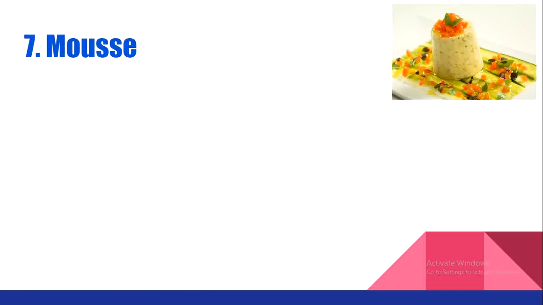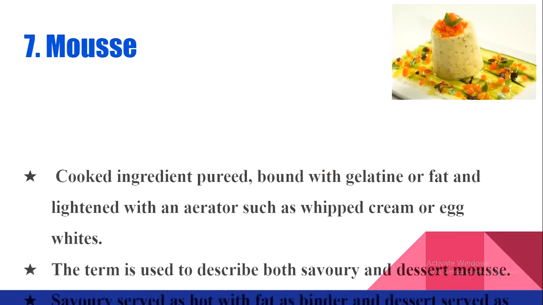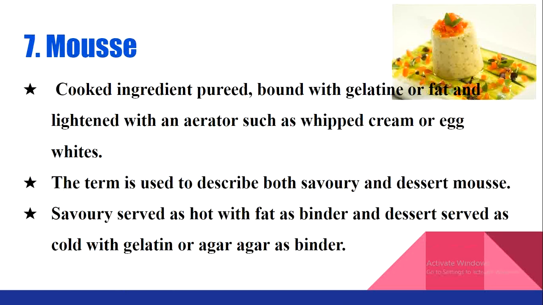Next product is the mousse. I think you all know what a mousse is, and that is a slight variation from what you know. It is basically a cooking ingredient pureed, bound with gelatin or fat, and lightened with an aerator. So basically, mousse has three parts.